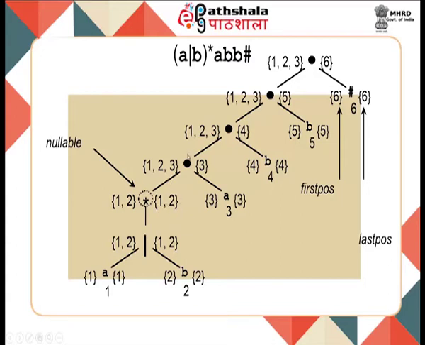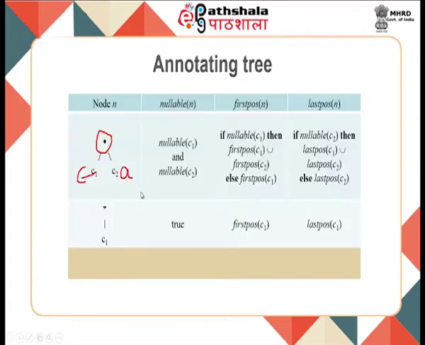Now only for the concatenation node we need to check whether the left child is nullable or the right child is nullable. We already know that none of the right children are nullable, a, b, b, hash, none of them are nullable. Only this node is nullable, because we already know a star node is nullable by default. A star node is definitely nullable.